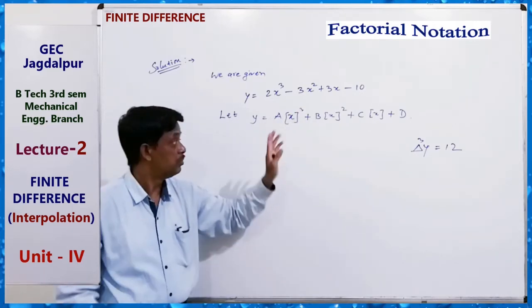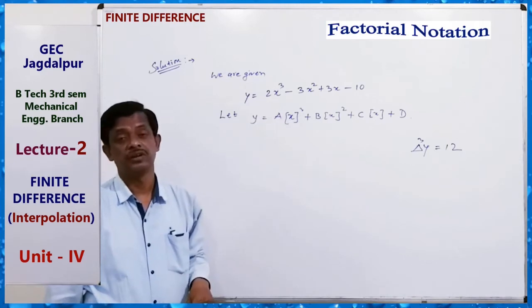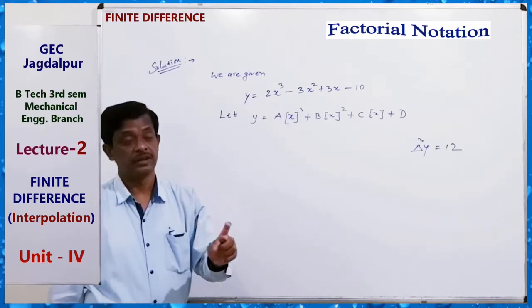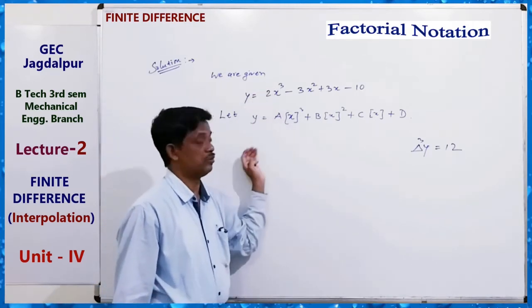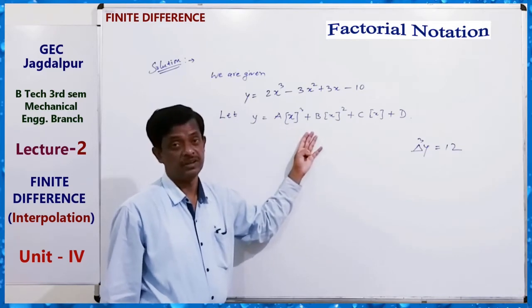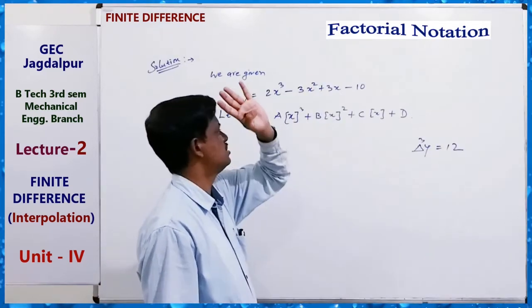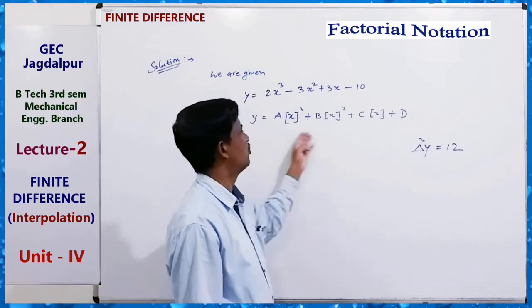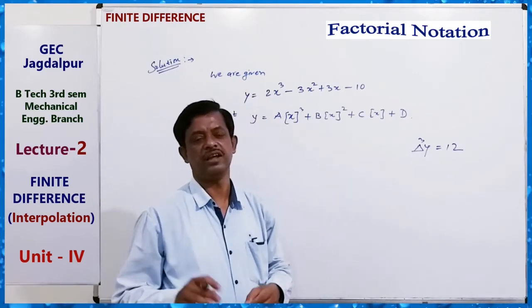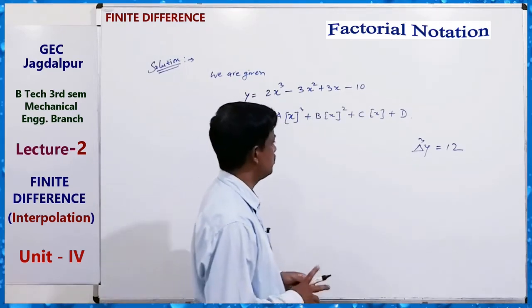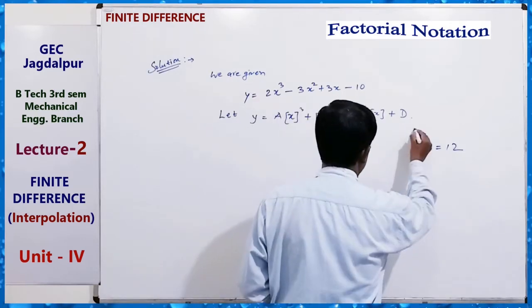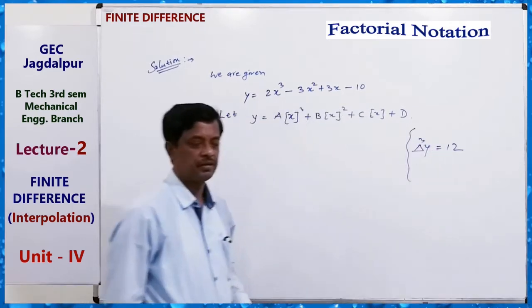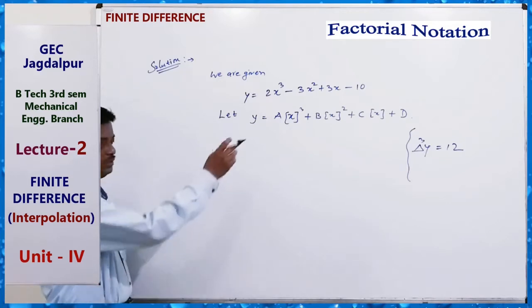Because the given polynomial is a simple polynomial of degree 3, it can be expressed as a factorial polynomial of the same degree. The coefficients are a, b, c, d, and now we have to find a, b, c, d by a method. Finally we have to solve this and prove this.